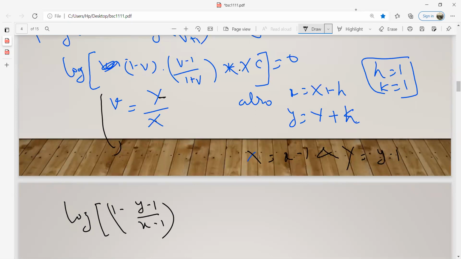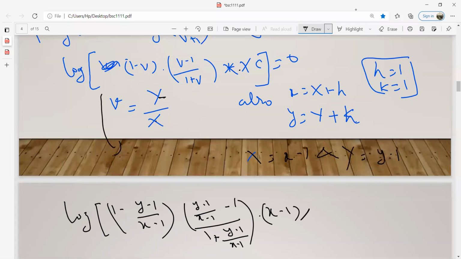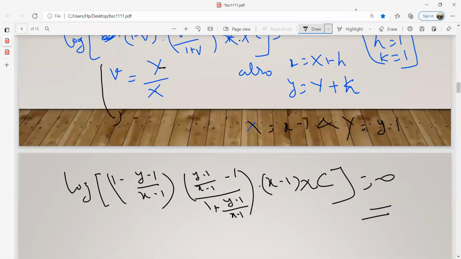Again here, small y minus 1 upon small x minus 1 divided by 1 plus small y minus 1 divided by x minus 1 into x equal to x minus 1 into capital C equal to 0. This is your solution. I hope you have understood this question.